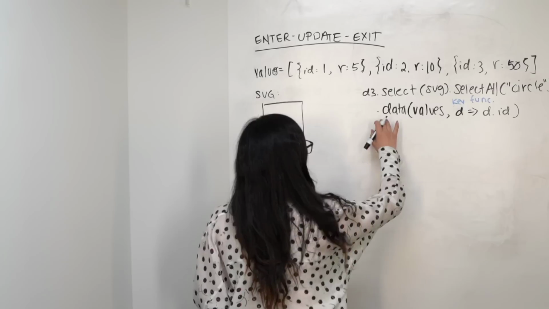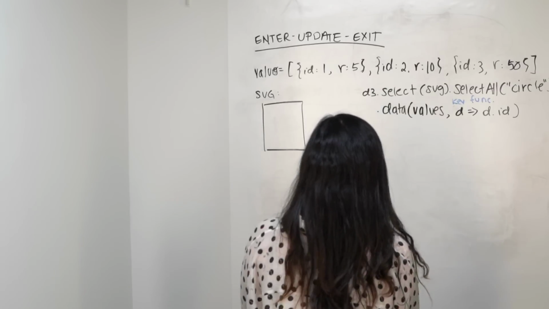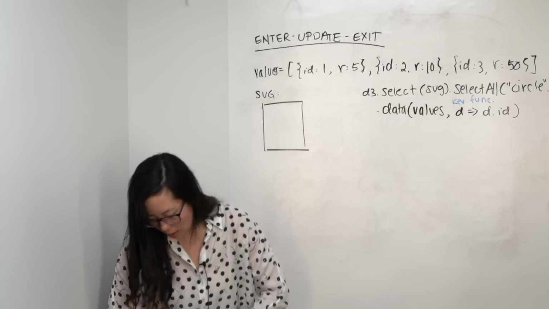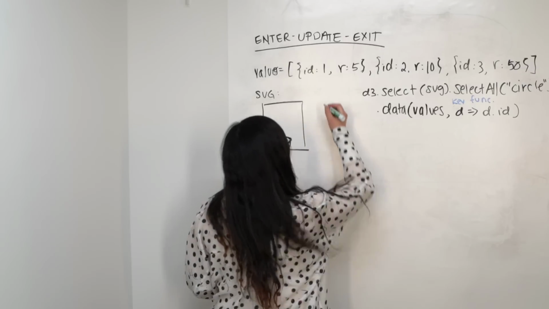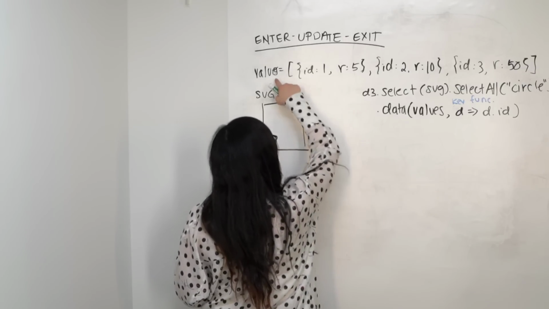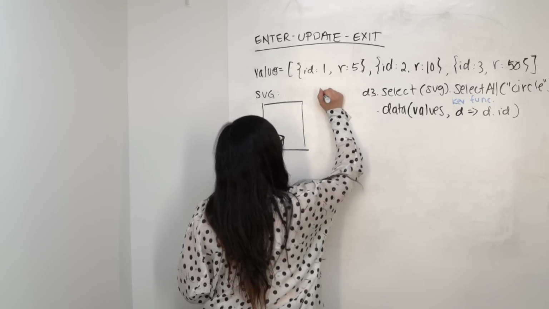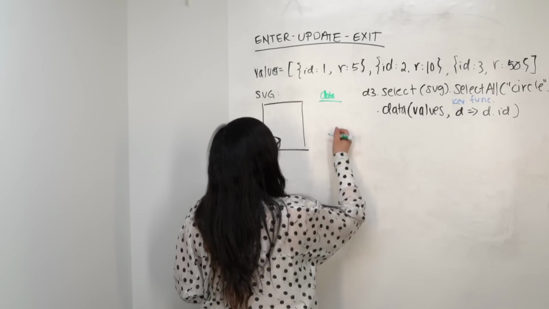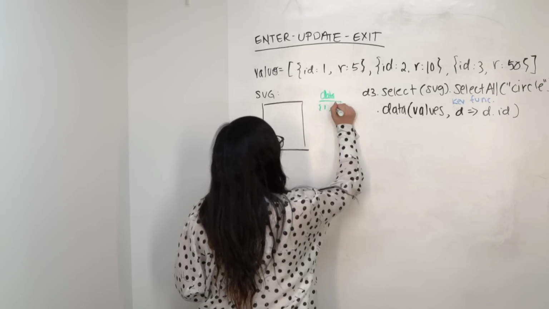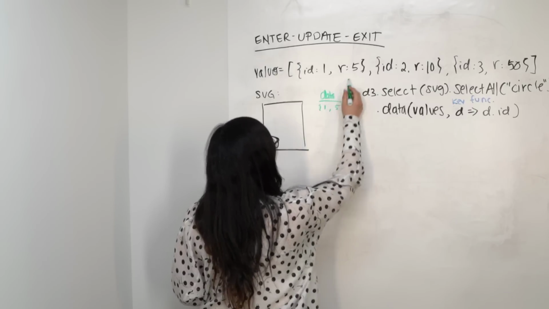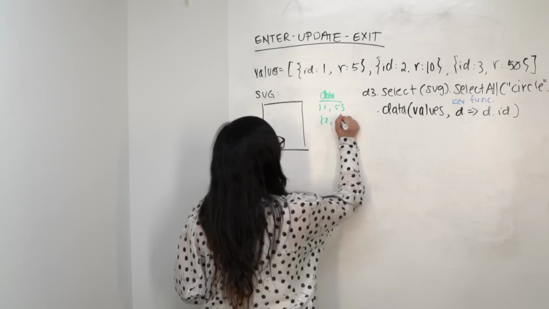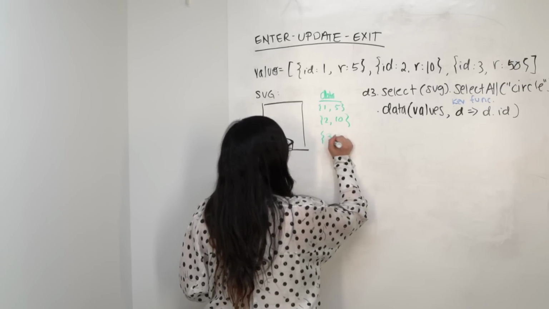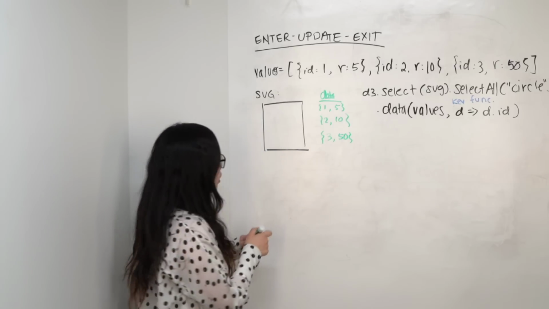So I'm going to stop this right here, go back to here, and try to color code it. Let me say that my values, the actual data that I'm trying to bind, are like this: ID is 1 and radius is 5, ID is 2 and radius is 10, and so on.